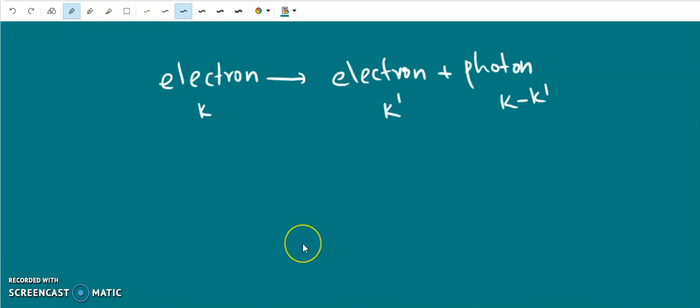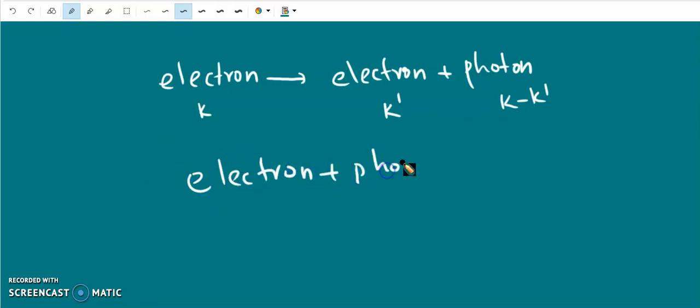We have already seen that X-ray production is the inverse of the photoelectric effect. In the photoelectric effect, a photon strikes an electron present on the surface of a metal, and the electron is emitted.